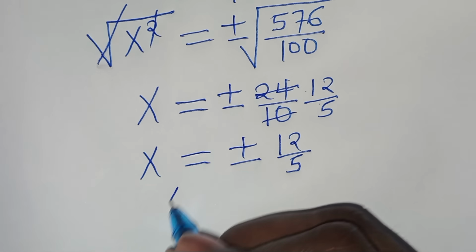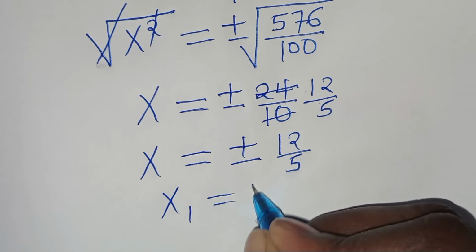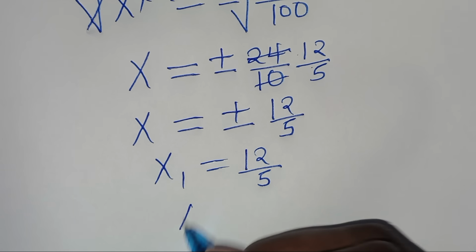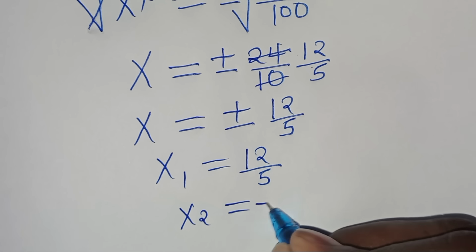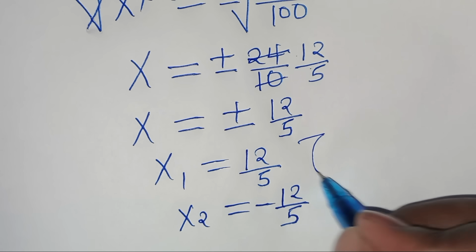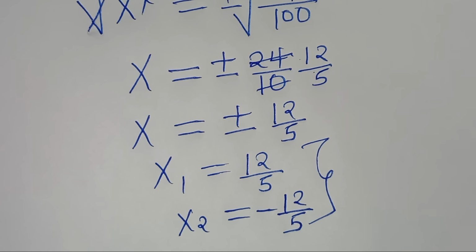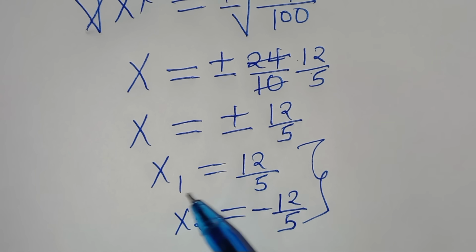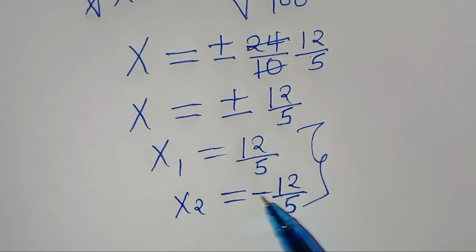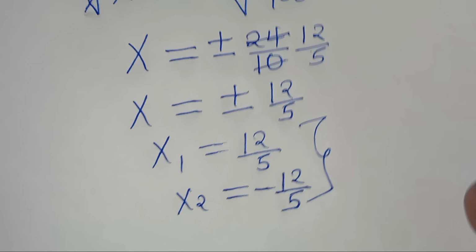So we have that x1 is equal to 12 over 5, and we have x2, this is equal to negative 12 over 5. So by applying method 1 and method 2, we have the same values of x1, which is 12 over 5, and x2, which is minus 12 over 5.